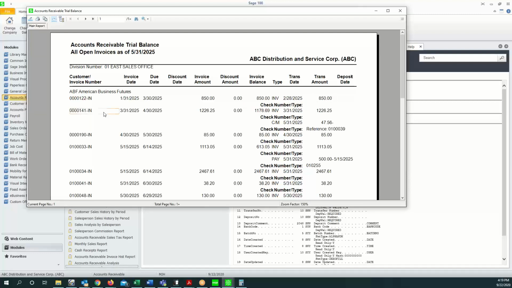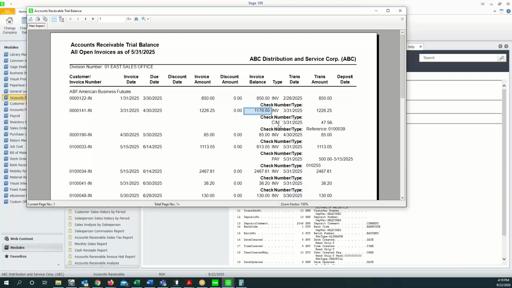And then on 3/31, I can see that another invoice was posted, but I also see that there is a different figure here on the invoice balance.